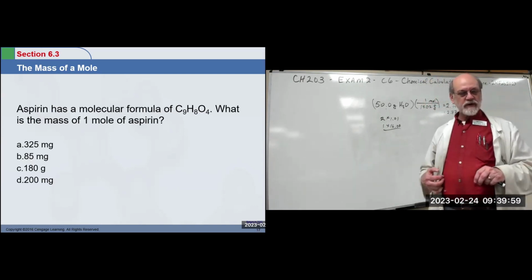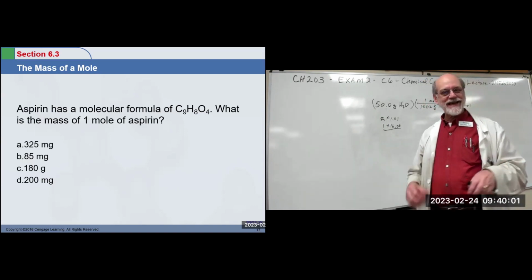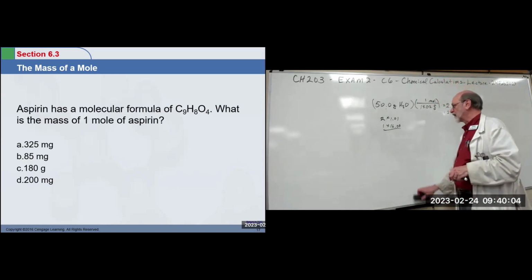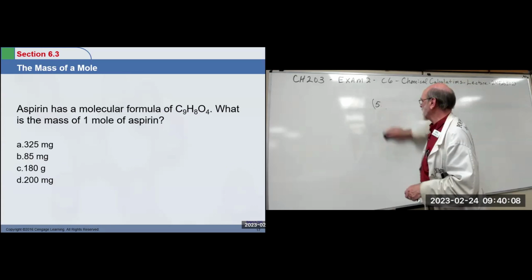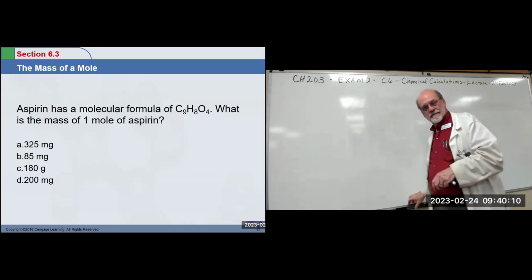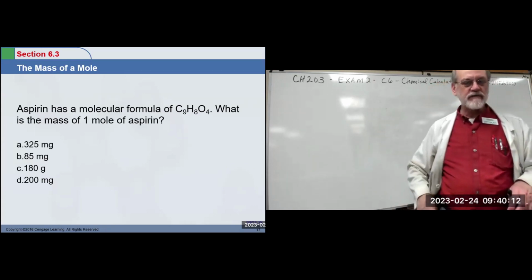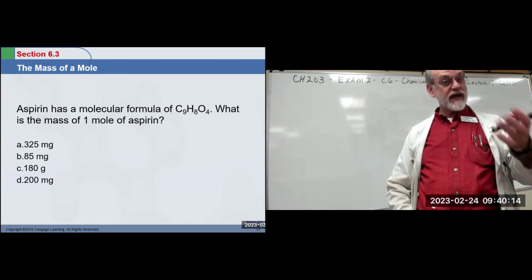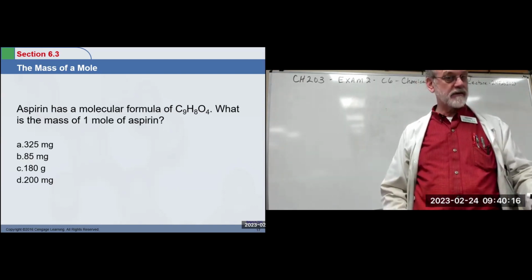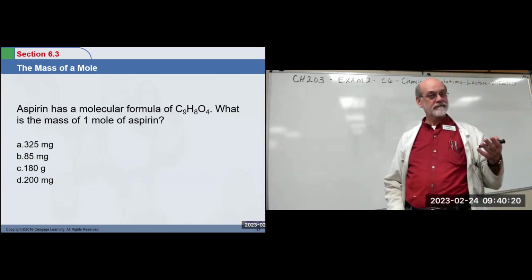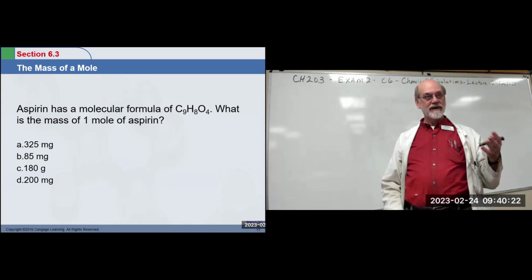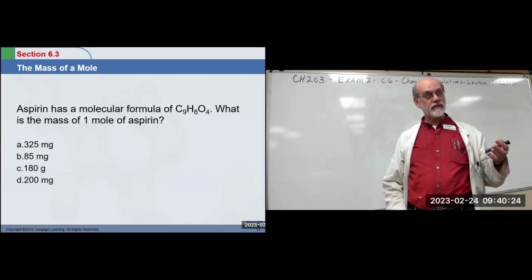But aspirin has a molecular formula of C9H8O4. So how would we calculate the molar mass of aspirin? It says, what's the mass of 1 mole? That's molar mass. 9 times 12.01, right, for carbon. 8 times 1.01 for hydrogen.